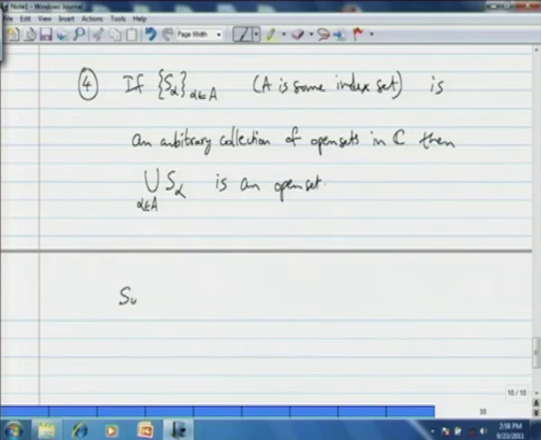Okay. So, suppose that z is a complex number which is in such a union. Then what I have to exhibit is that there is a positive real number r such that a ball of radius r around z is contained in this arbitrary union.